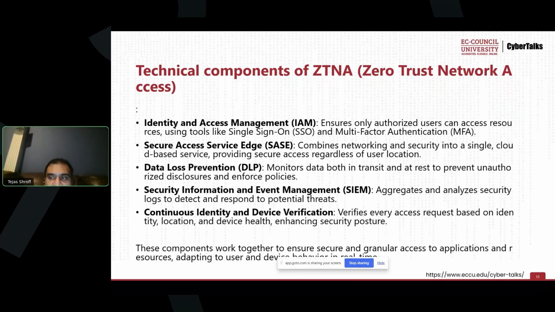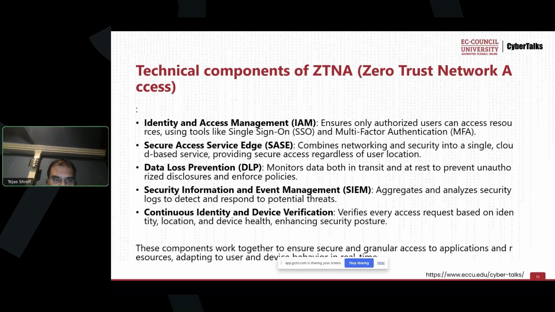As I mentioned, location is important. You may be allowed to access certain things from Europe, but not Asia, or vice versa. And you need to verify, depending on where you're logging from, you should be stopped from accessing that environment. Device health.